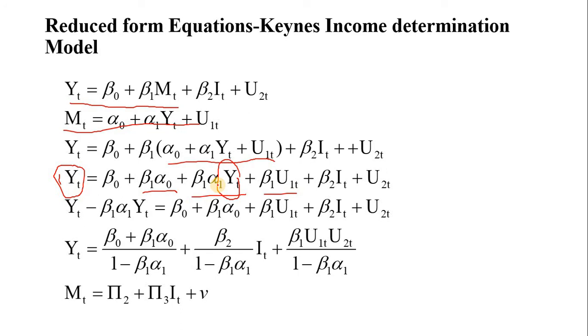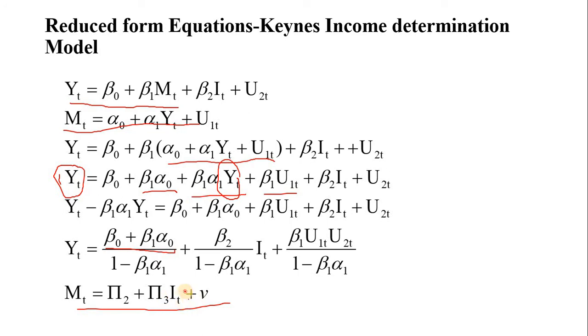So this is the intercept: beta 0 plus beta 1 alpha 0, divided by 1 minus beta 1 alpha 1, plus beta 2 divided by 1 minus beta 1 alpha 1 into It. Then these are the error terms. Here I am getting pi 2, since in our first equation we gave pi 0 and pi 1: Yt equals pi 2 plus pi 3 It plus Vt.